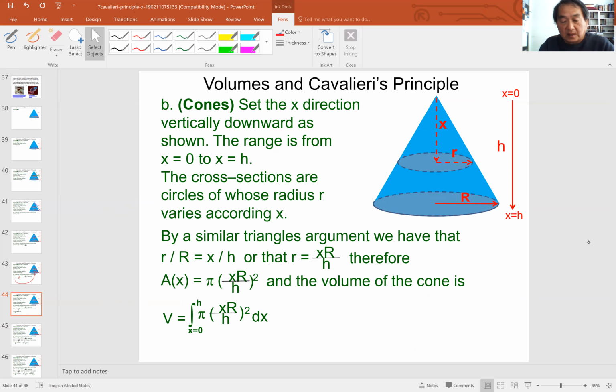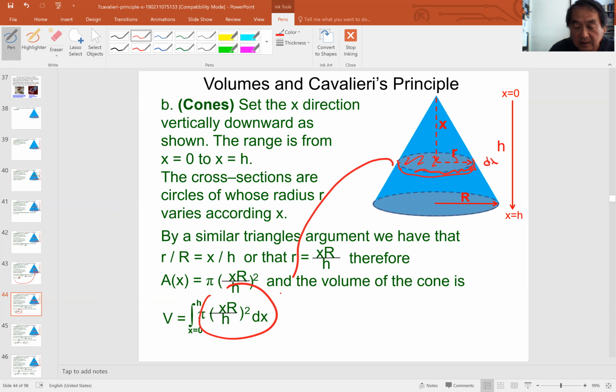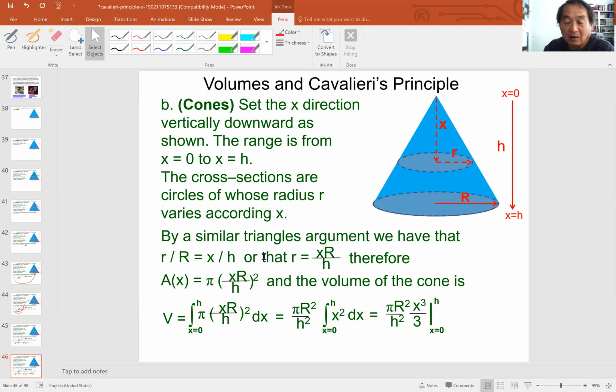Then the area times dx is this area times a sliver of dx, and I add them up, integrating from 0 down to h. Then I get the volume of the cone.